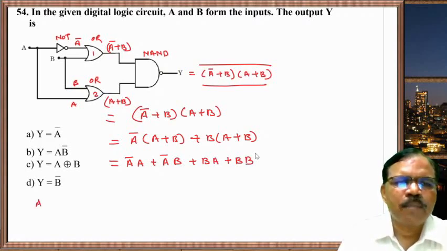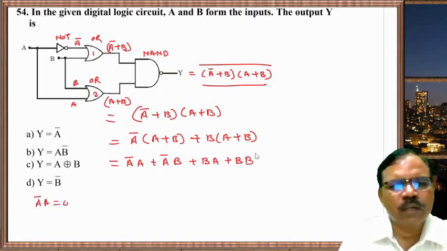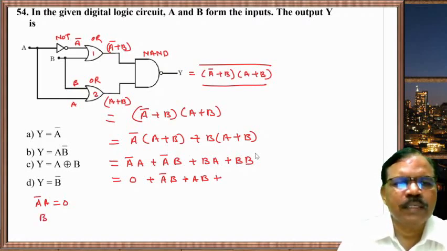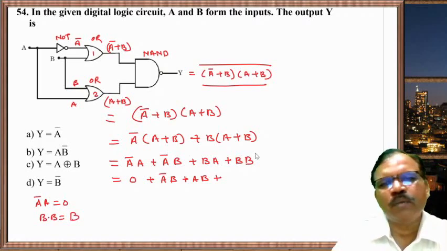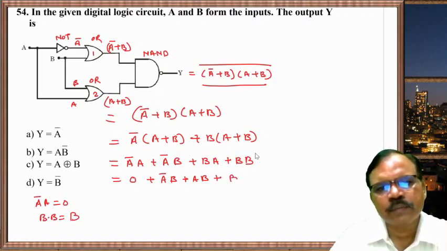Now A bar into A is equal to 0 from Boolean algebra. So 0 plus A bar B plus AB plus B into B, that is B according to Boolean algebra. So it is B.